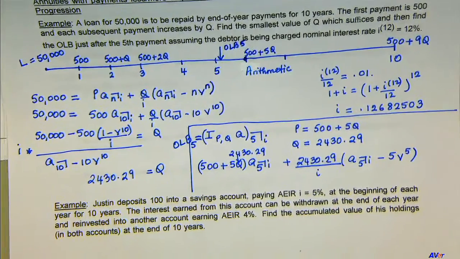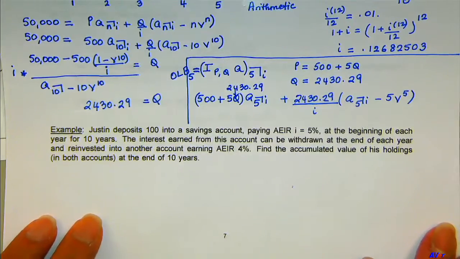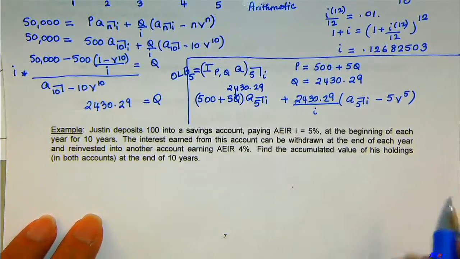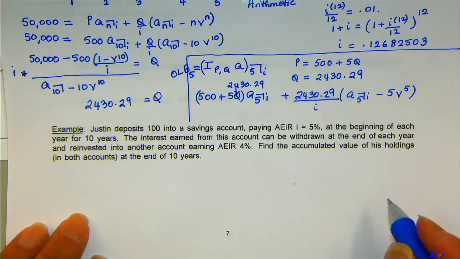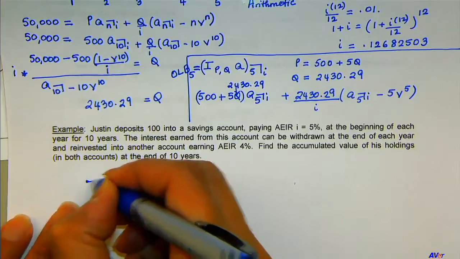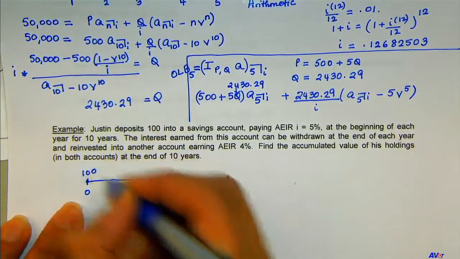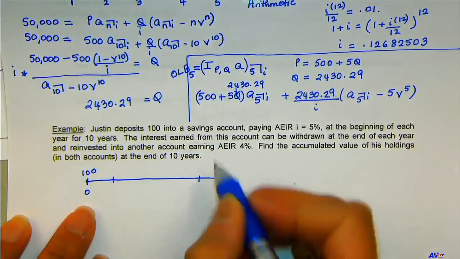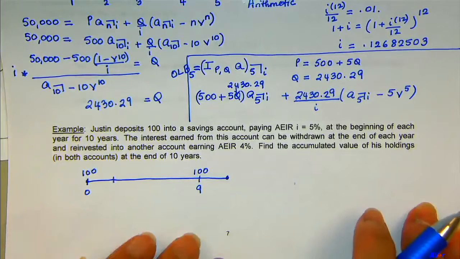Next one. Justin deposits 100 into a savings account paying 5% at the beginning of each year for 10 years. Timeline: 100 at time 0, and this goes on to time 9. Last payment at time 9.